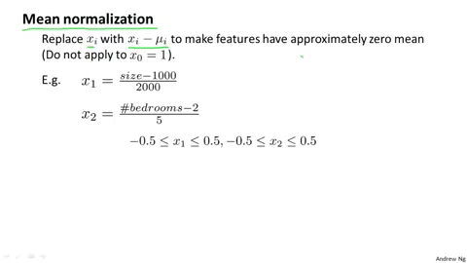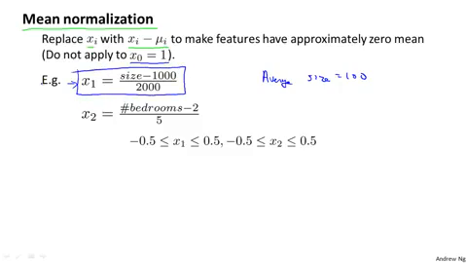And obviously we won't apply this to the feature x0, because the feature x0 is always equal to 1, so it cannot have an average value of 0. But concretely, for other features, if the range of sizes of a house takes on values between 0 to 2000, and if the average size of a house is equal to 1000, then you might use this formula: set the feature x1 to be the size minus the average value, divided by 2000.